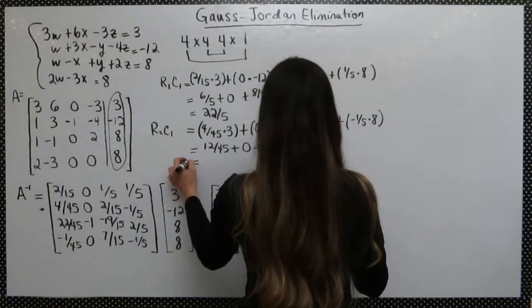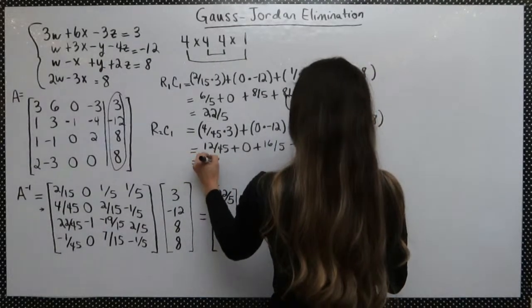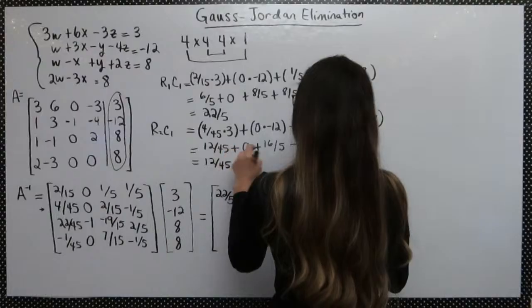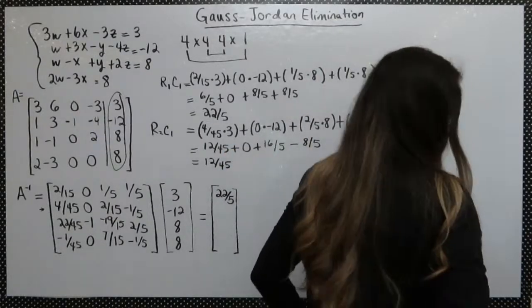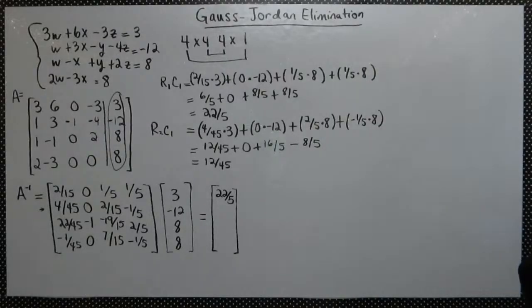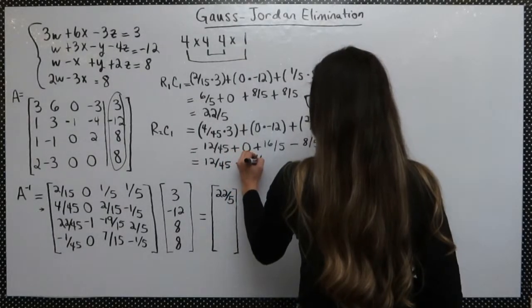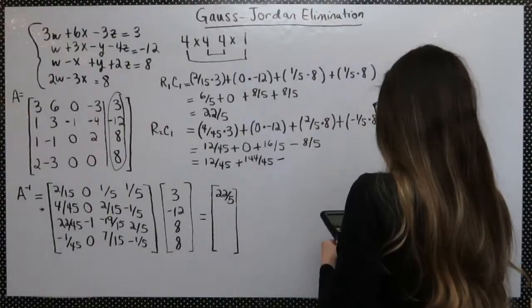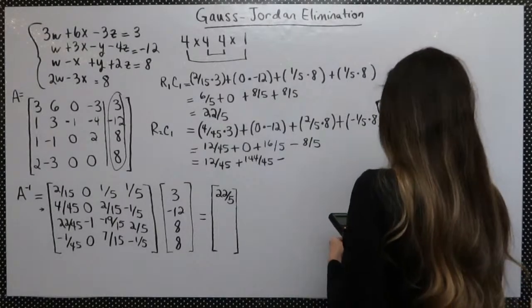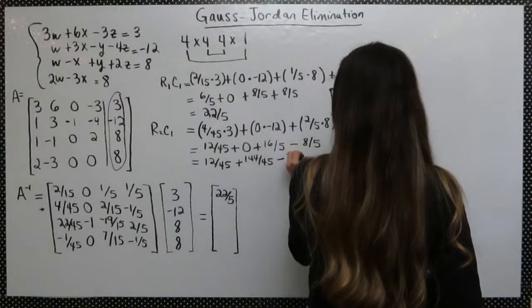Okay, and then I'm gonna have to get a common denominator of 45 here. So let's just convert these really quick. 12/45, and then 5 times 9 is 45, so I gotta multiply 16 times 9. So that is 144/45 minus, so that'll be 8 times 9, which is 72/45.